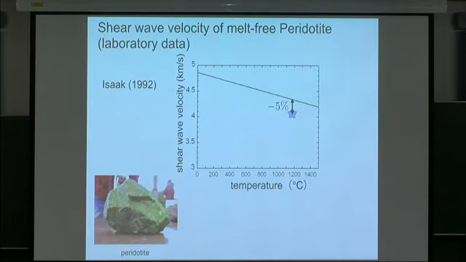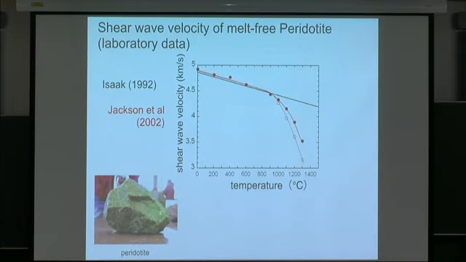So, the 5% velocity reduction means that the melt fraction in this region is 2.5%. And this way of thinking was commonly used until recently.